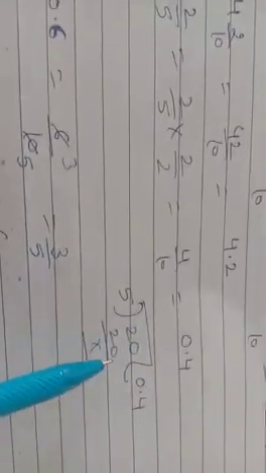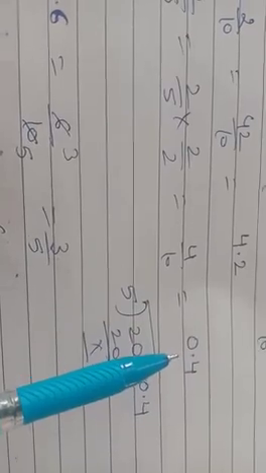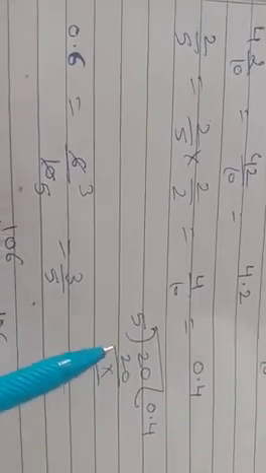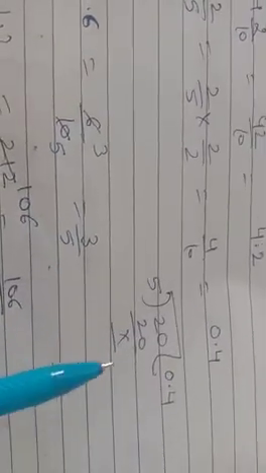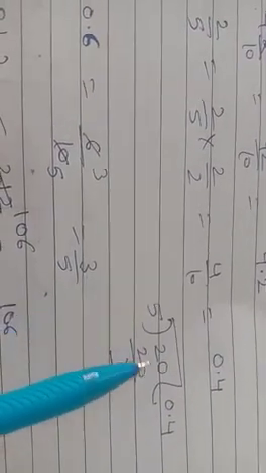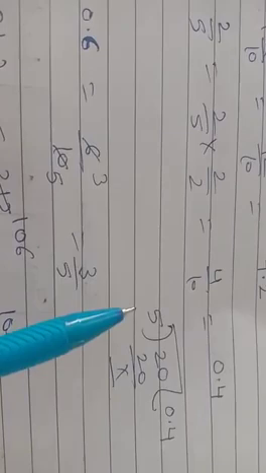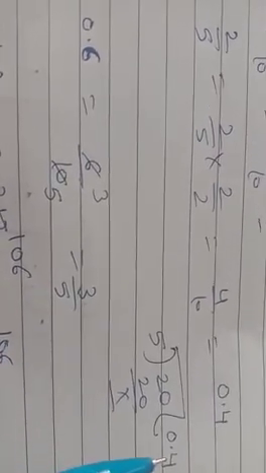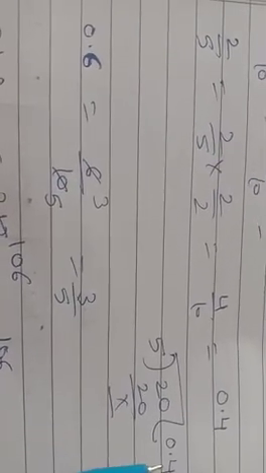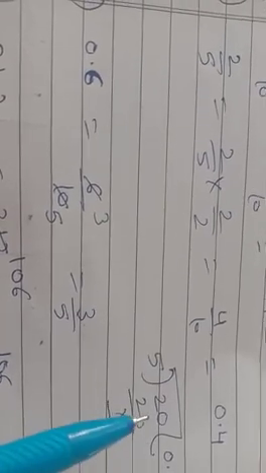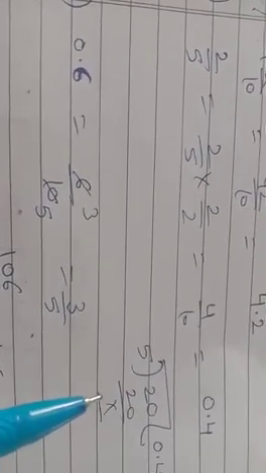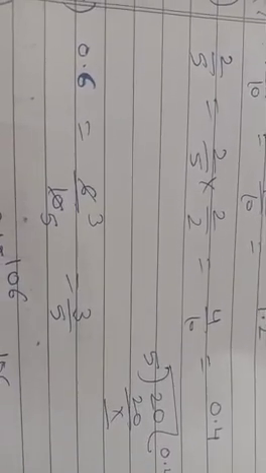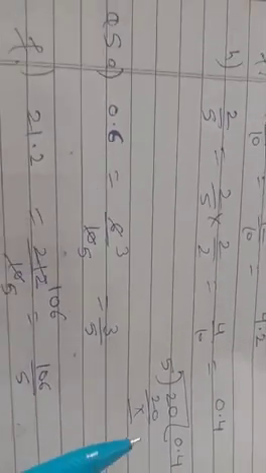So we can divide 4 by 10 and get 0.4. Second method is you can just divide 2 by 5 like this. You have 2 divided by 5. Since 2 is smaller than 5, you have to put a decimal. If we put a decimal here, we will get 0 here. So 5 fours are 20. So we have 0.4 as the answer.